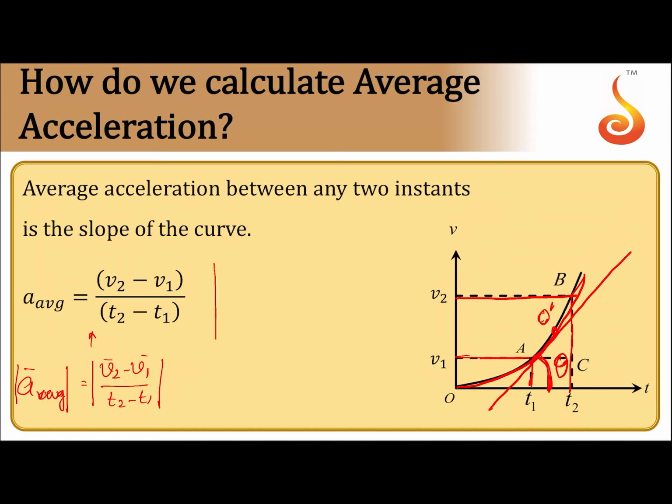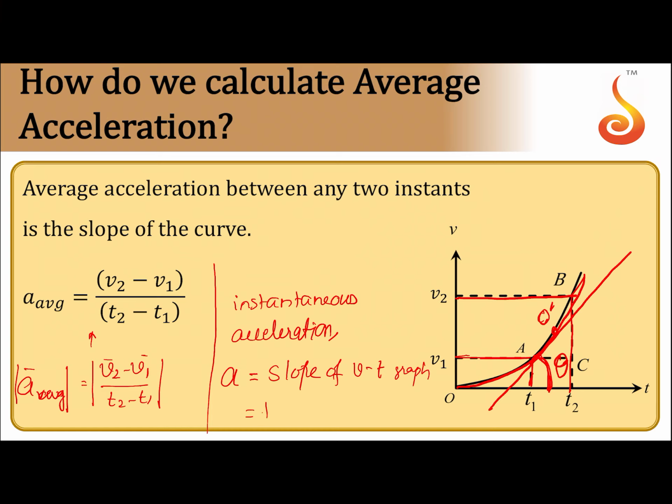Then we can also calculate instantaneous acceleration. Instantaneous acceleration a is the slope of the v-t graph, and clearly that is equal to tan theta.